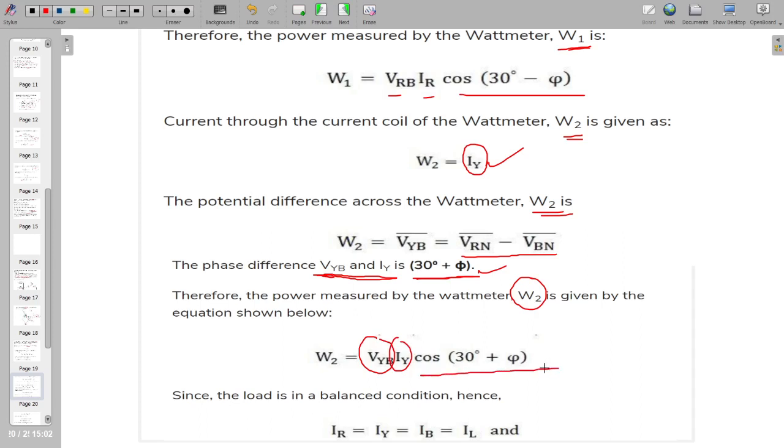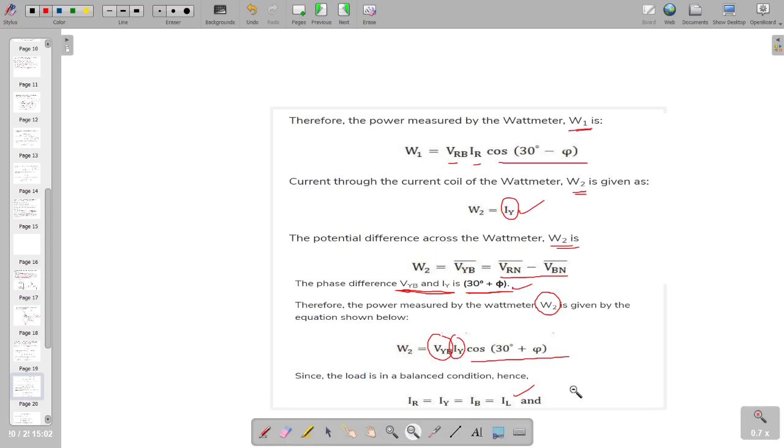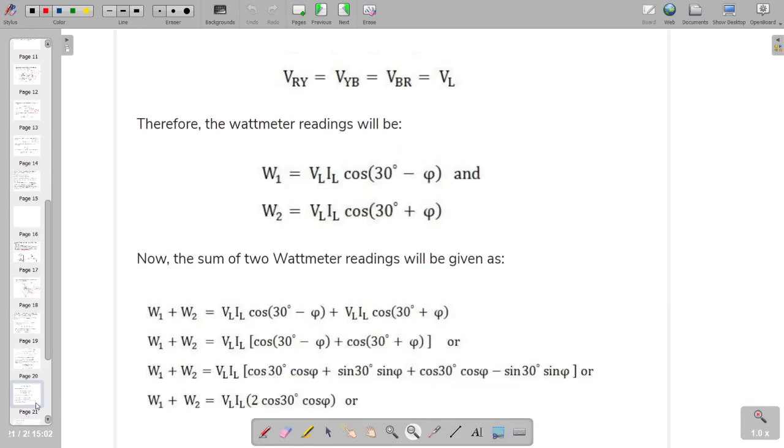Since the load is balanced, IR is equal to IY is equal to IB, that is the load current, and VRY, VYB, VBR are equal to the line voltages.